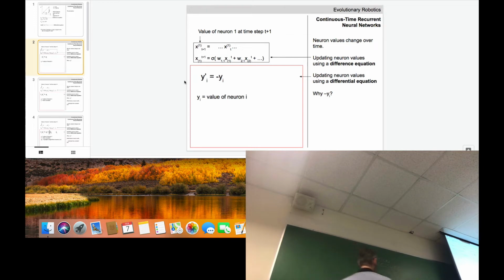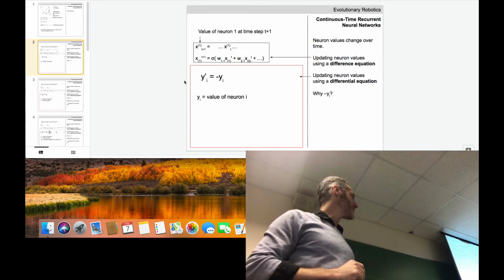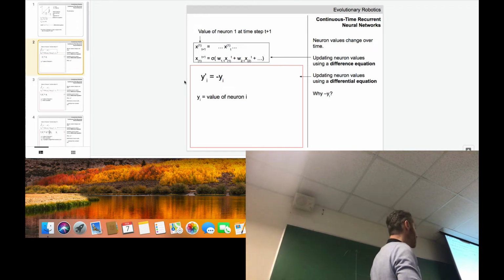So let's try and draw this geometrically to build up an intuition about how a continuous time neuron operates. We're going to have time on the horizontal axis here, and we're going to have the value of y sub i. We're just going to plot how the value of one neuron in this neural network changes.